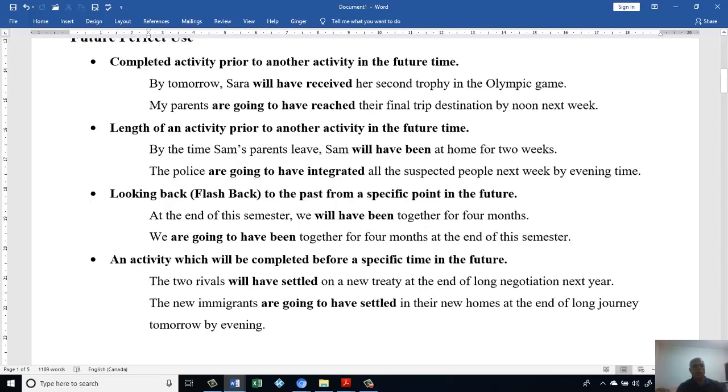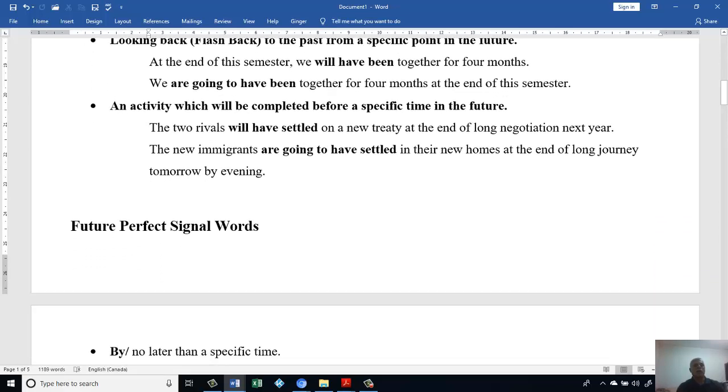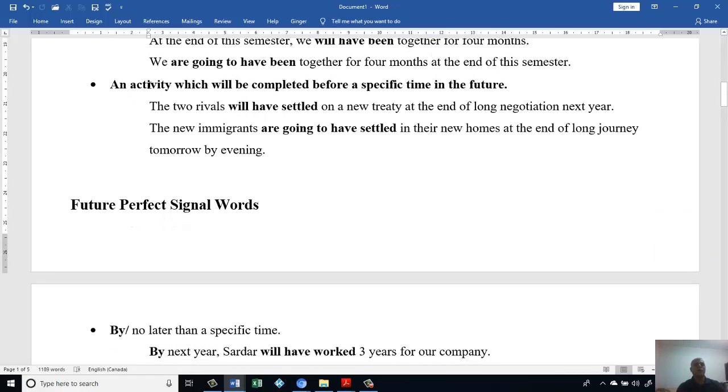Third kind: an activity which will be completed before a specific time in the future. The two rivals will have settled on a new treaty at the end of a long negotiation next year. We go to the second one.